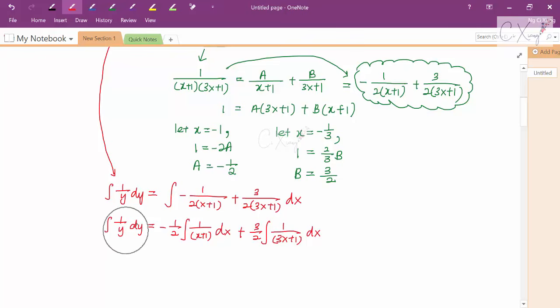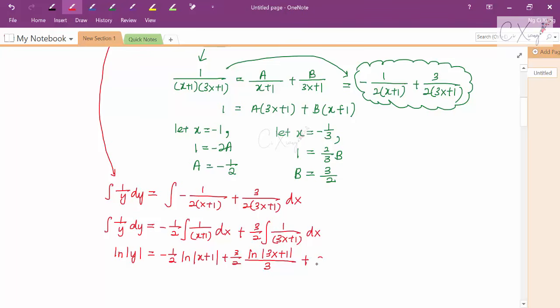So to integrate this 1/y, I will get ln y, ln modulus y. Okay, so -1/2 is a constant, I just copy. Then integrate this part, I will have ln modulus (x + 1). Okay, then plus 3/2, because 3/2 is a constant, so you integrate this. When you integrate this one, you have ln (3x + 1). And after you differentiate the 3x + 1, you have a 3, right? Therefore, you have to divide this term by 3.